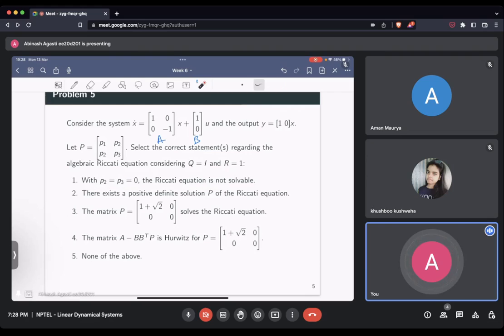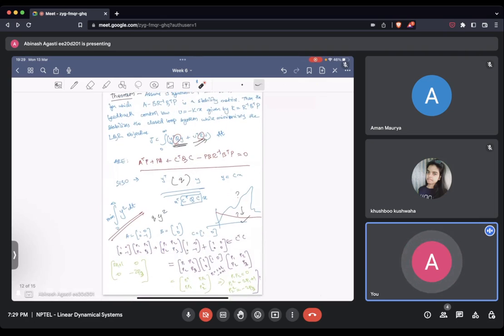But our solution did come with p2 equal to p3 equal to 0, so this is wrong. Then there exists a positive definite solution P of the Riccati equation. So we solved the equation, so obviously there exists a solution. Then the matrix P given by [1 plus root 2, 0; 0, 0] solves the Riccati equation. This also came out for us.